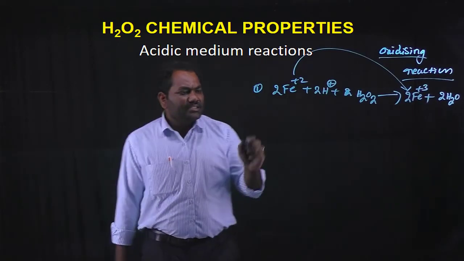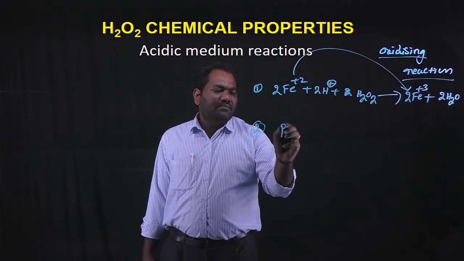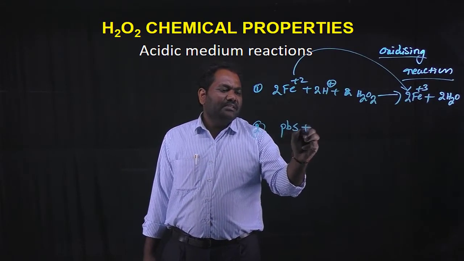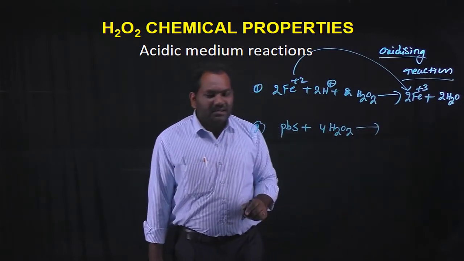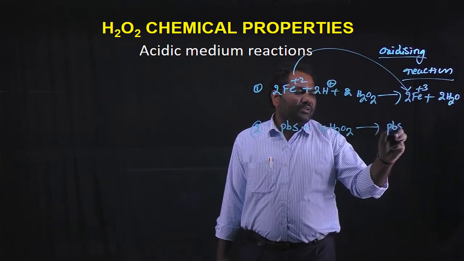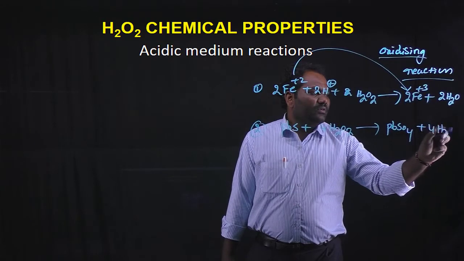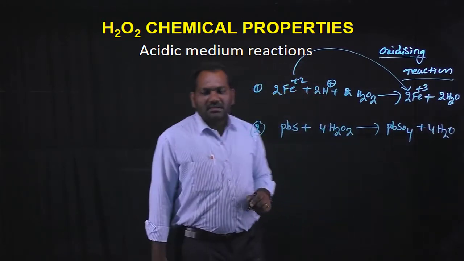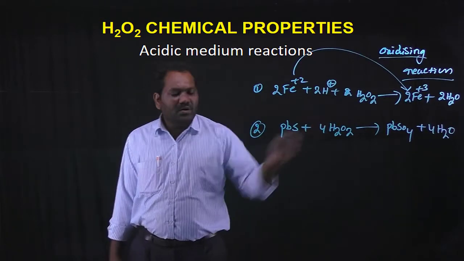Similarly, the next reaction is the oxidation of lead sulfide. PbS reacts with H2O2 and is converted to lead sulfate, that is PbSO4, plus 4H2O. In this case the lead undergoes oxidation.